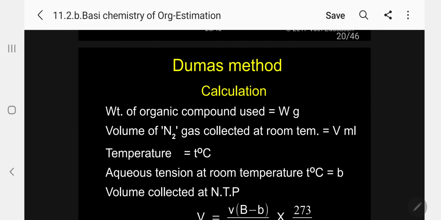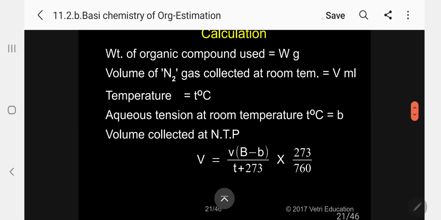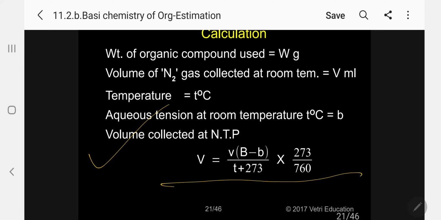So I can now write a formula, volume collected at NTP. I am converting the volume of the nitrogen gas collected into volume at NTP, then only I can do the calculation. So that is the formula for this. This should be memorized. What is capital V?